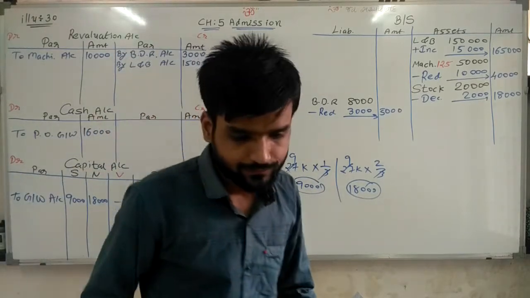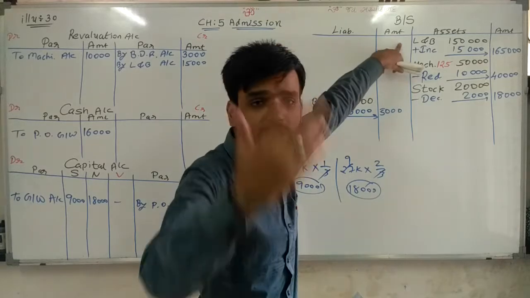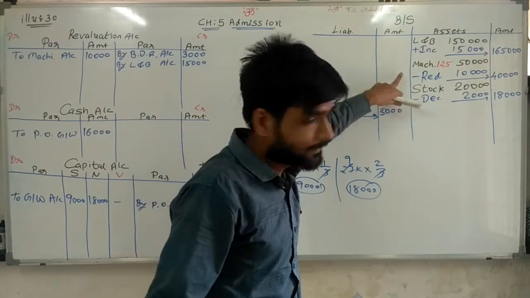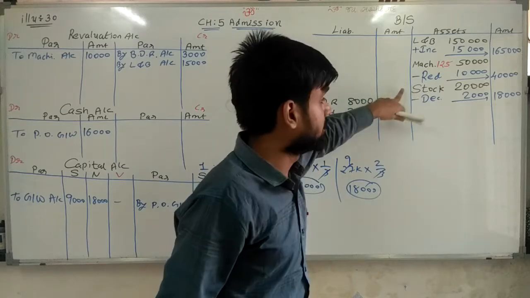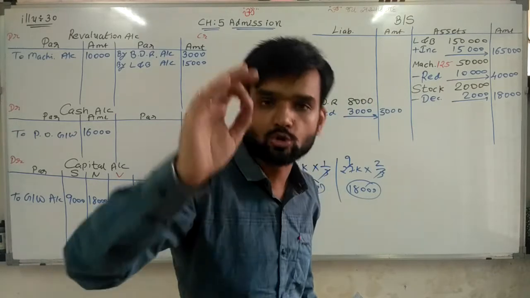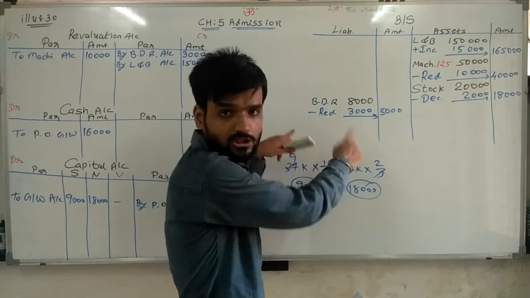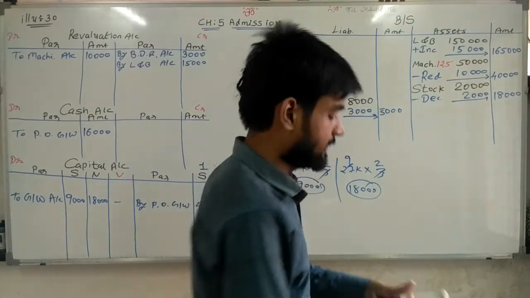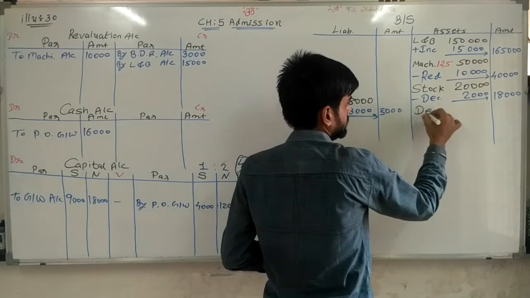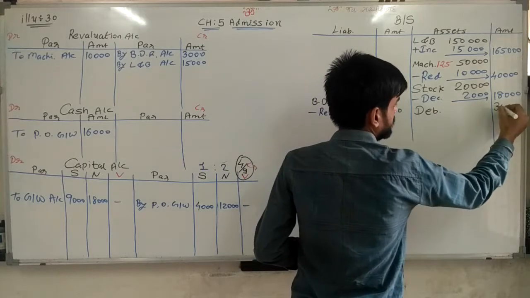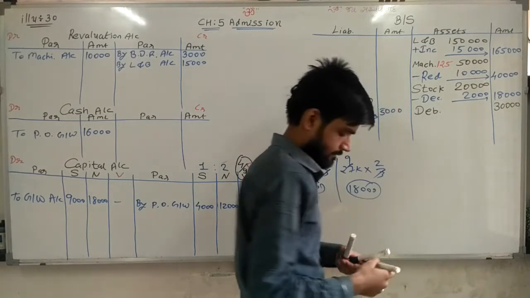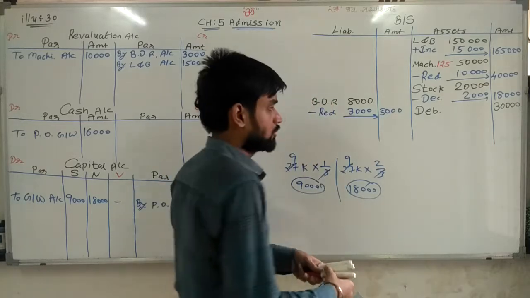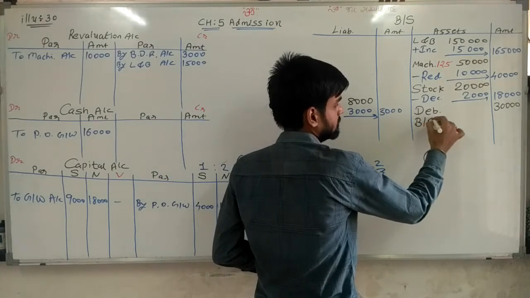Going ahead, land and building written, done. Machinery written, done. Stock written, done. Debtors not written, better reserve written, but debtors not written. So debtors as it is, 30,000 we are writing here. Next, bills receivable, that is also written as it is.